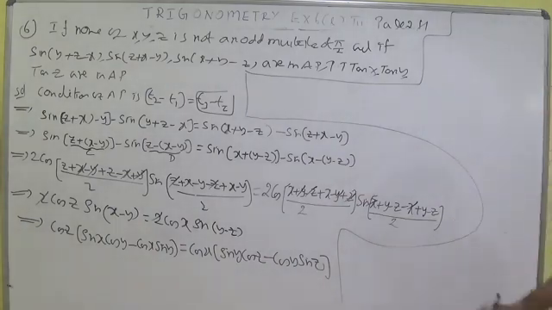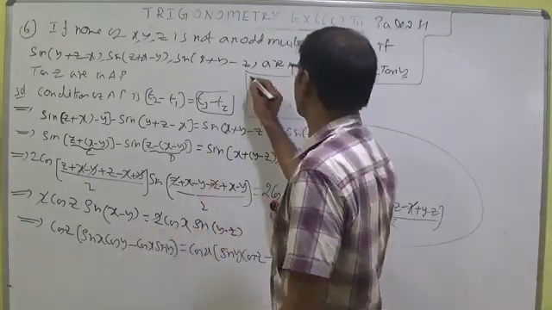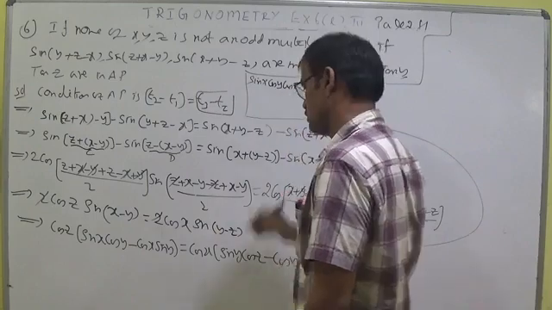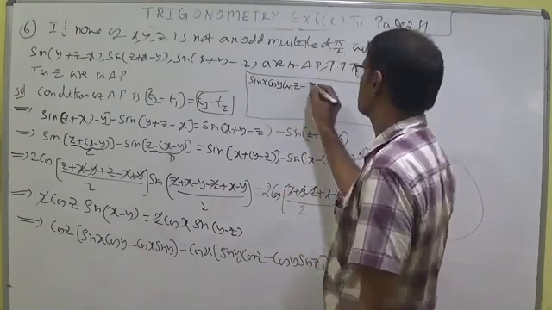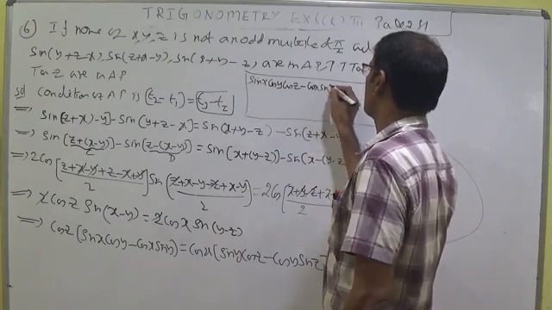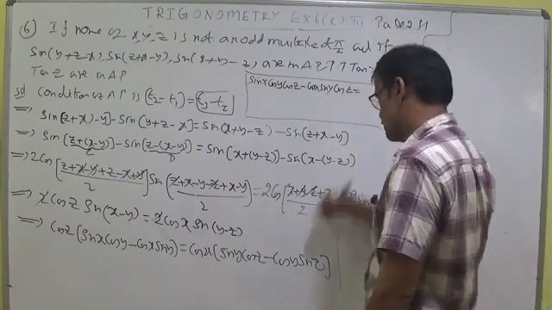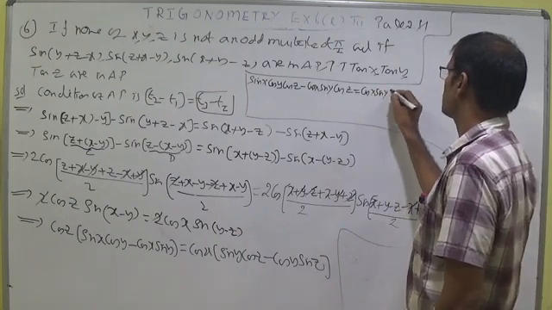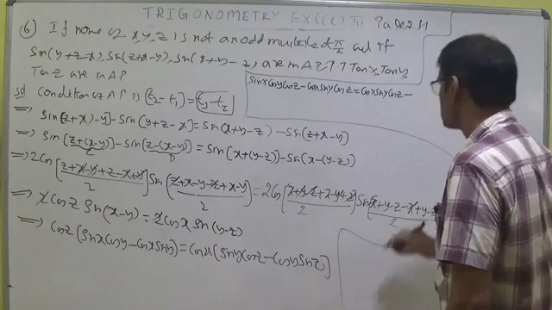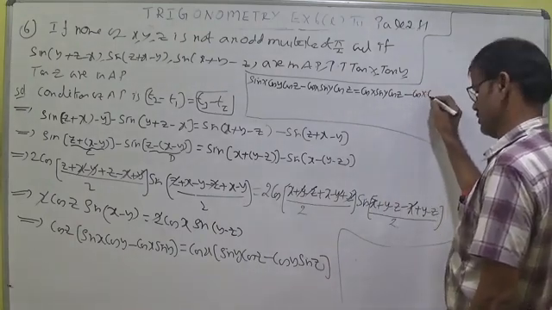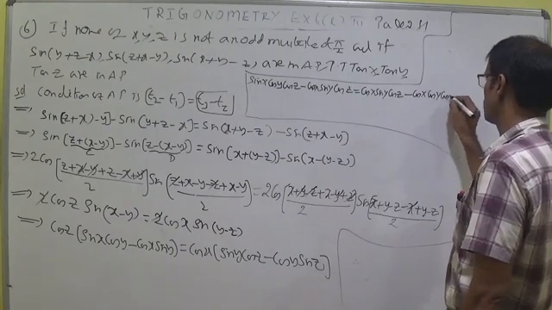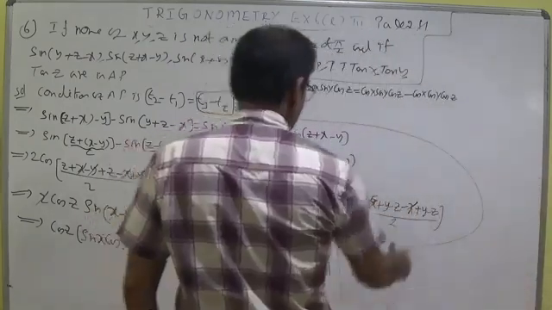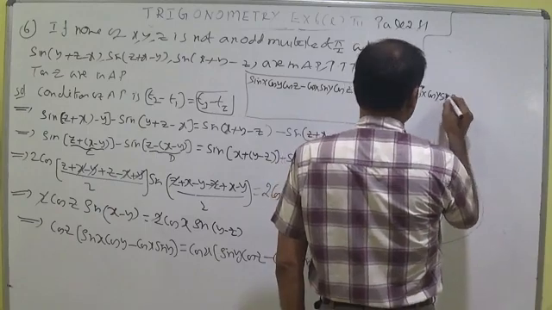So sin x cos y cos z minus cos x sin y cos z is equal to cos x sin y cos z minus cos x cos y sin z.